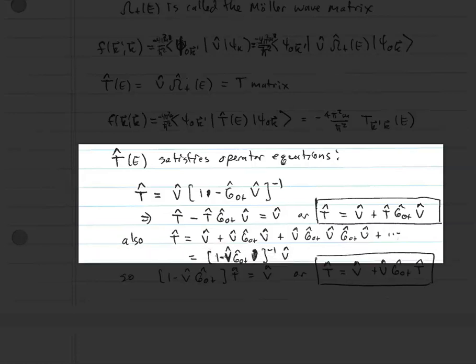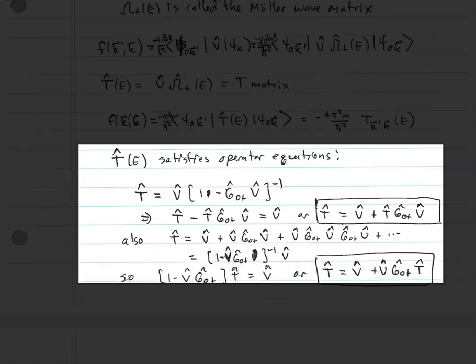And that is this expansion of (1 minus V G0 plus) inverse times V. I'm now refactoring that, pulling out the factor of V on the right as opposed to on the left. You see that it is going to be the same thing, but now it's 1 minus V G0 plus as opposed to 1 minus G0 plus V.